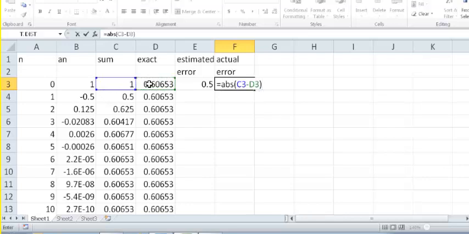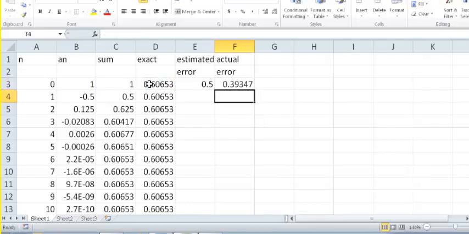That's the exact actual error, 0.3347. So what it says is the difference between this and the actual, so this is the estimate error.